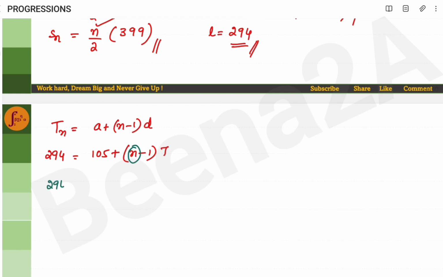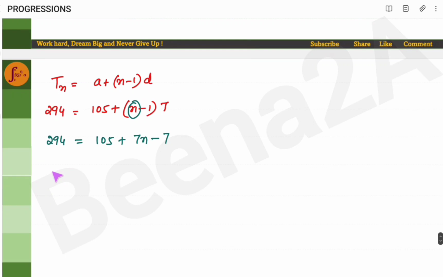So 294 is going to be 105 plus 7 into n is 7n, 7 into 1 is minus 7. Let me rearrange this. 7n, 105 minus 7 is 98, is equal to 294.